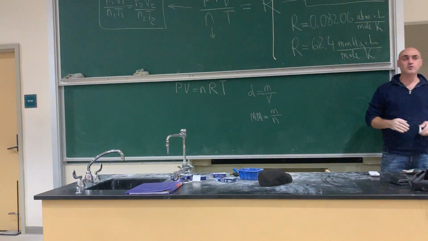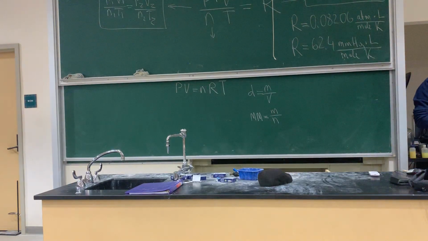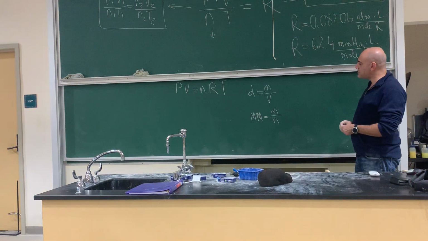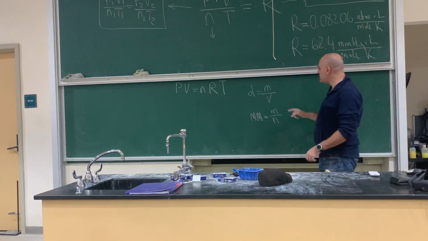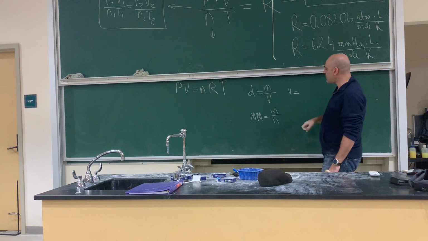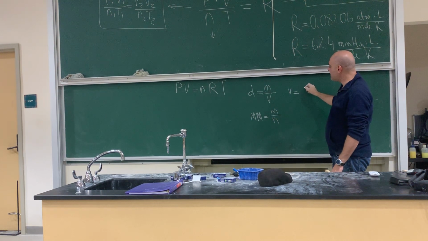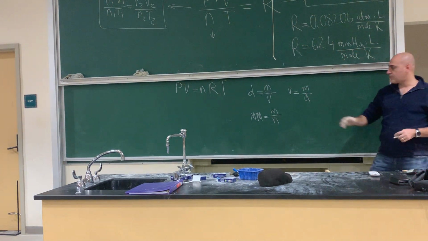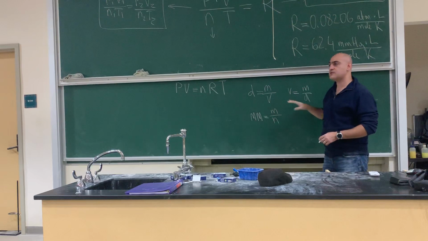So mass over moles, wouldn't that give me information about molar mass? Oh, grams per mole. And if I have these expressions, then I could rewrite V in terms of density. Can I do the algebra and write down that volume is equal to mass over density? So I'm crossing the volume there and bringing the density down.